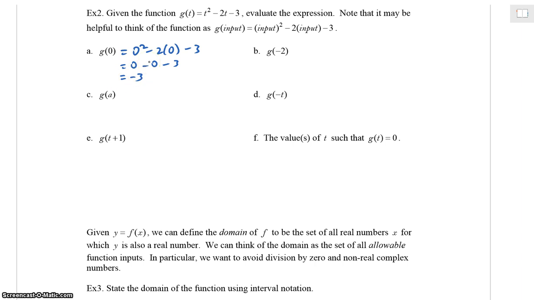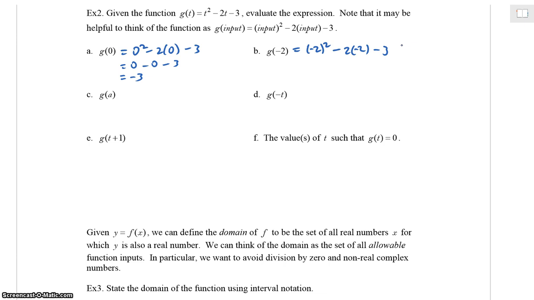g of negative 2, part B. Here t is equal to negative 2. So using our rule, t squared minus 2t minus 3, this would be negative 2 squared minus 2 times negative 2 minus 3. You notice I'm using parentheses for this negative number, especially when I raise it to a power.